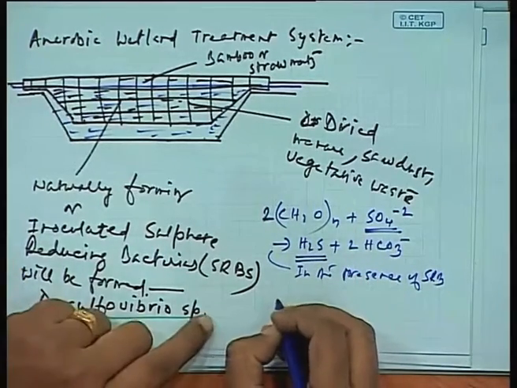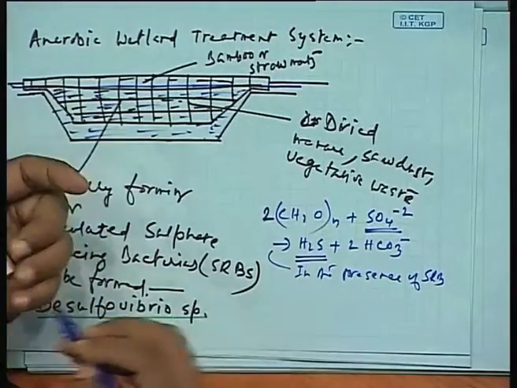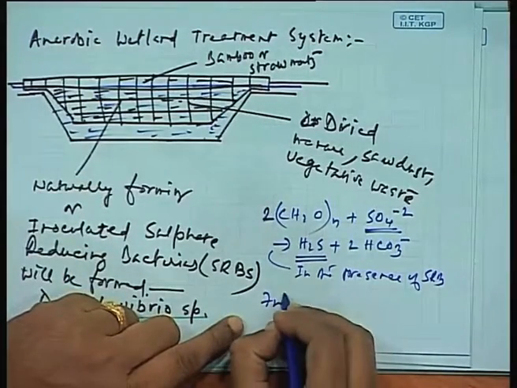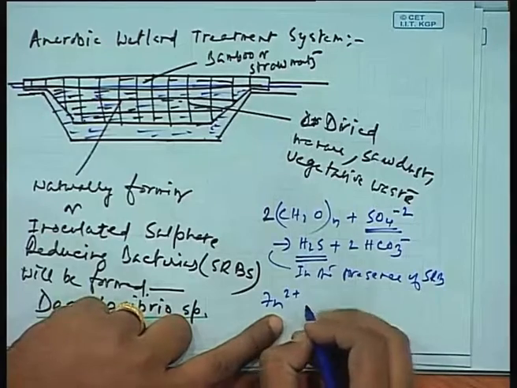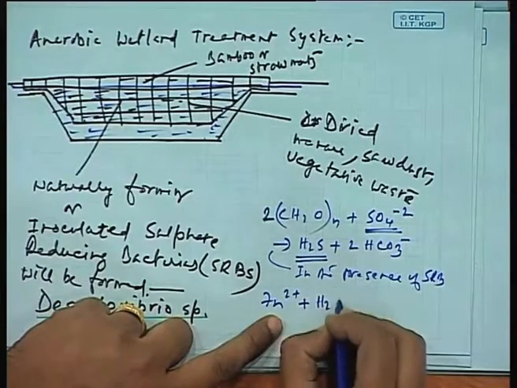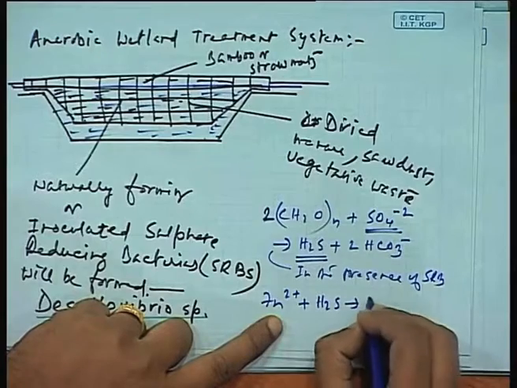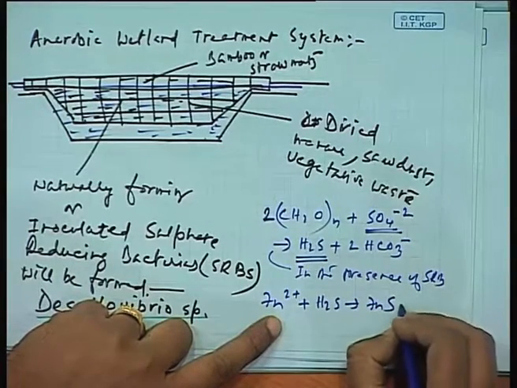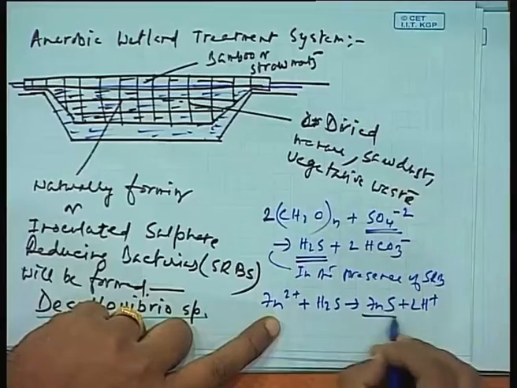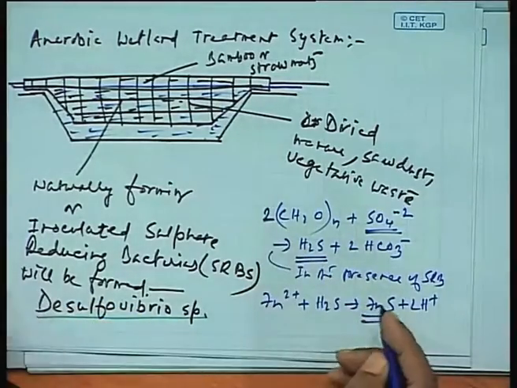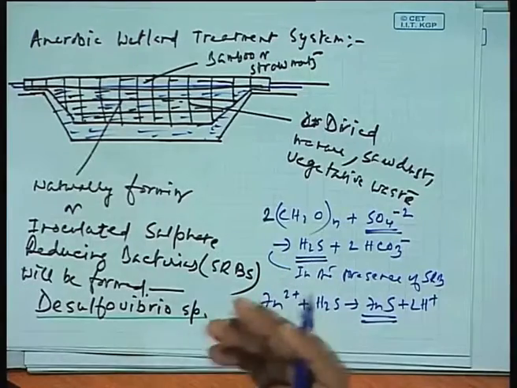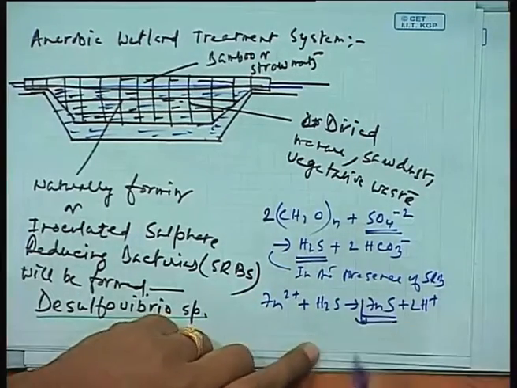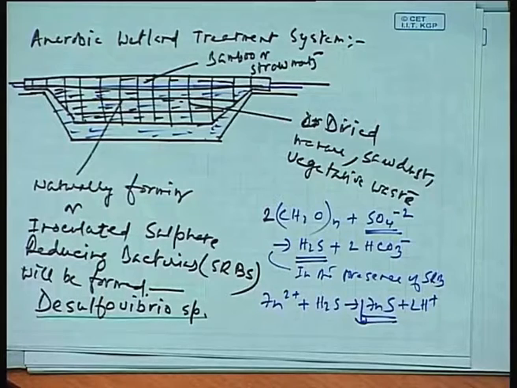This H2S then would react with the presence of any metallic ion, say considering zinc here, forming zinc sulfide plus 2H. So this zinc sulfide, as we were discussing about the amphoteric property, you remember, this zinc sulfide would precipitate. Okay, this is an anaerobic wetland treatment method.